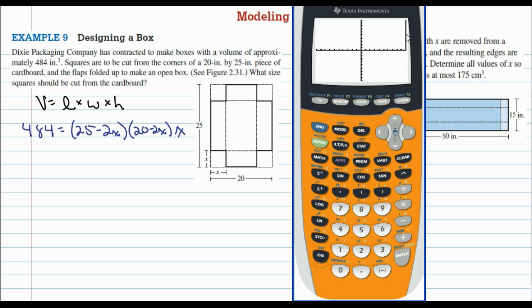I can see part of the graph right there. That's good. But I know my y values are going to be probably close to 500. So I'm going to set my y max to 550 so I can clearly see the line that I'm looking for. So I hit graph.